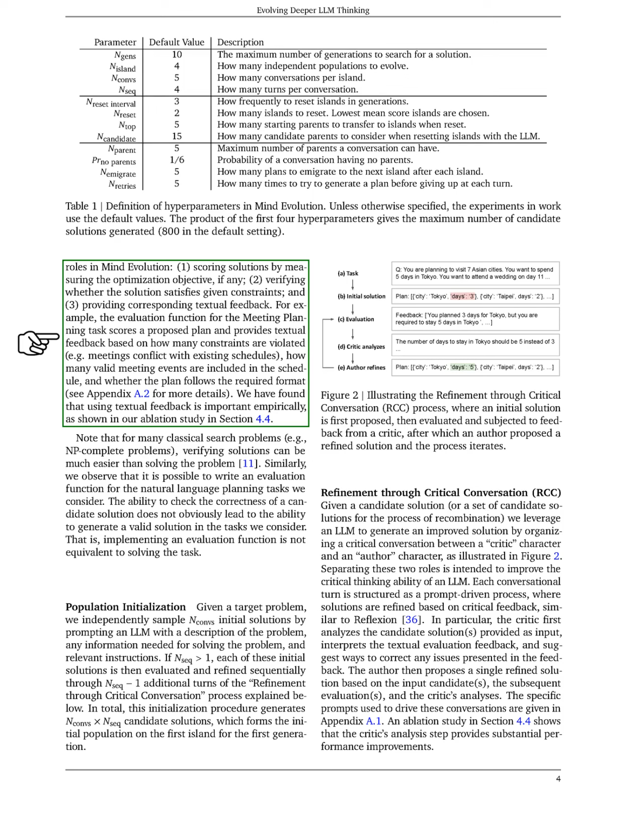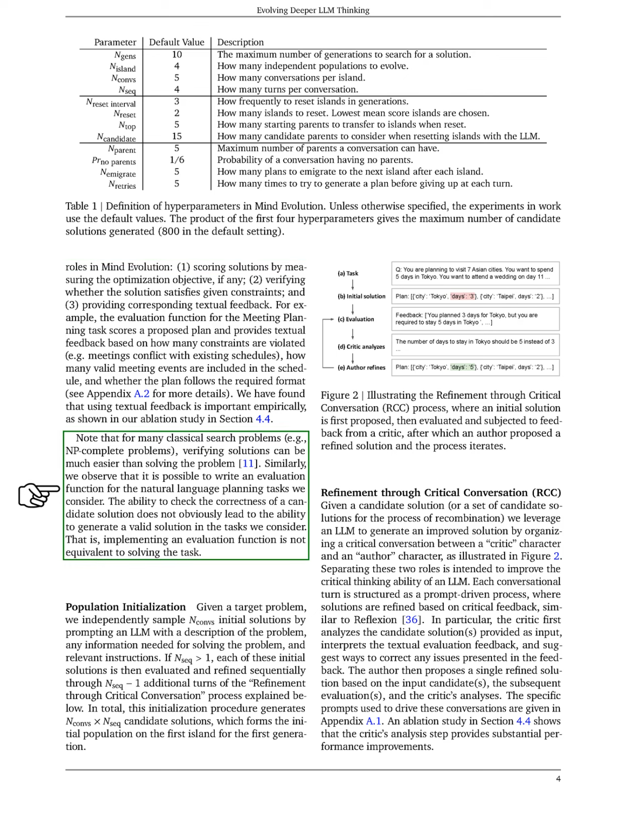For example, in the meeting planning task, the evaluation function assesses a proposed plan based on constraint violations, the number of valid meetings, and adherence to the required format. Our empirical findings highlight the importance of textual feedback, as shown in our ablation study. We also note that while verifying solutions can be easier than solving the problem, having an evaluation function does not equate to solving the task itself.